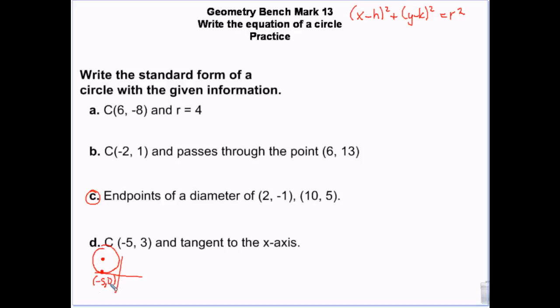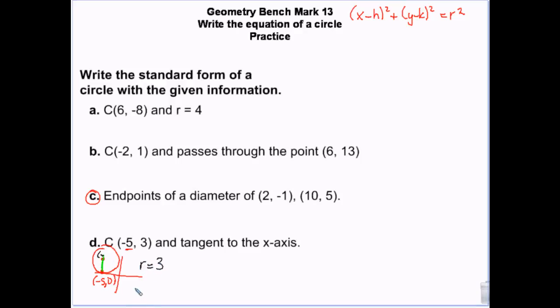And I know it's 0 because it's on the x-axis, so it's not going up. And I know it's negative 5 because I was told negative 5 here. So this is my second point. Do I need to calculate this distance right here between negative 5, 0 and negative 5, 3? It's 3. So the radius would be 3.